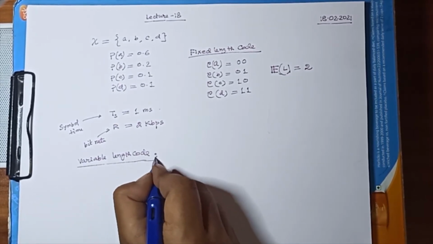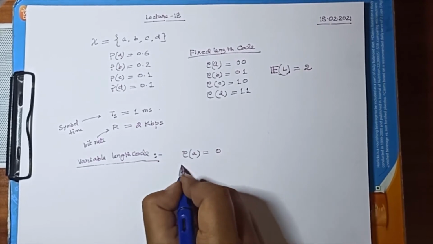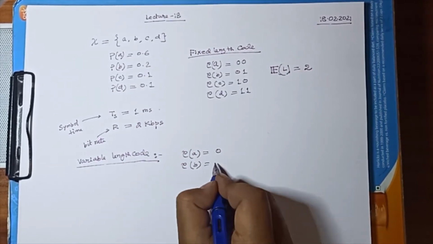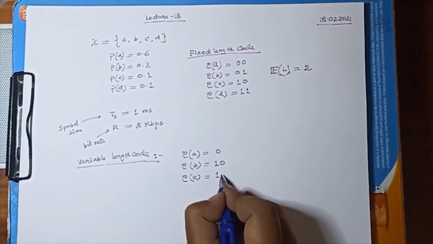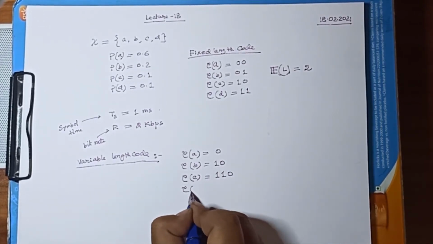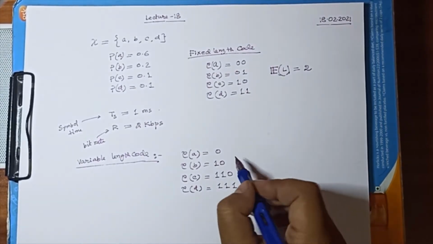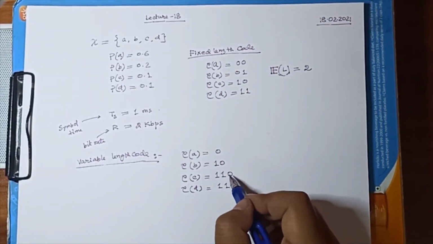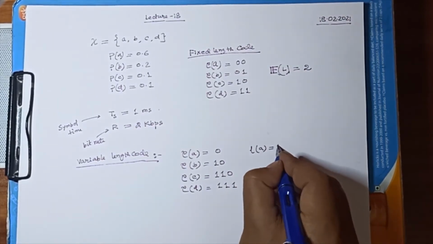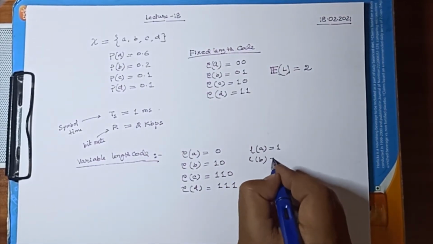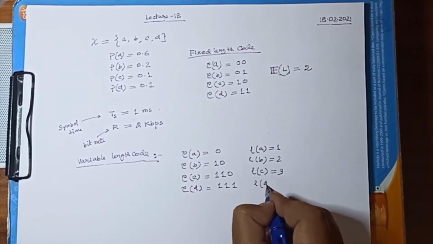Let us assign the following. CA is equal to 0, CB is equal to 10, CC is equal to 110, and CD is equal to 111. So I am assigning 1 bit, 2 bits, 3 bits, 3 bits. So LA is equal to 1, LB is equal to 2, LC is equal to 3, LD is equal to 3.